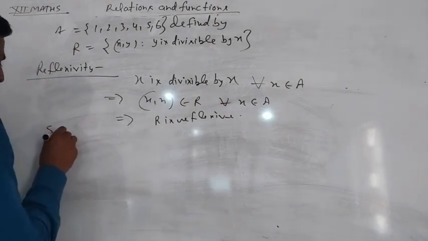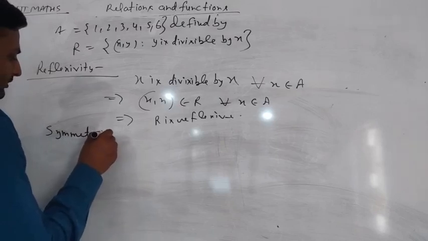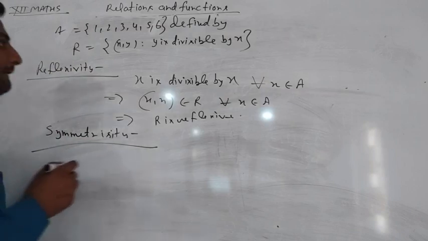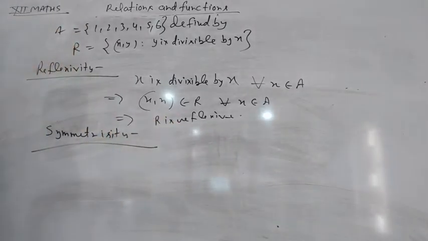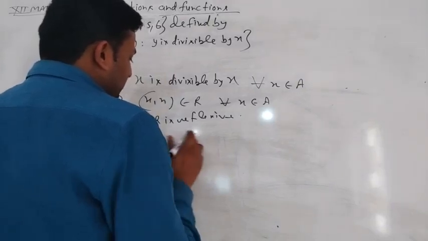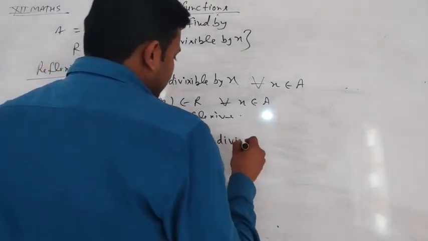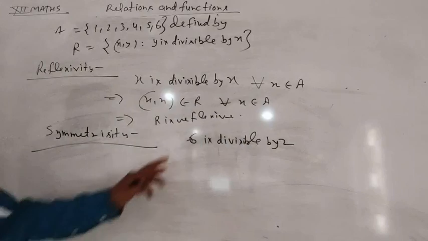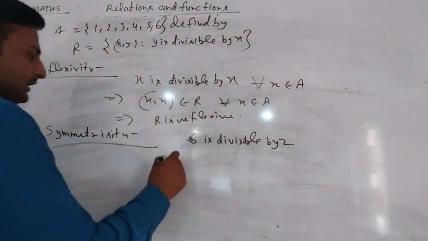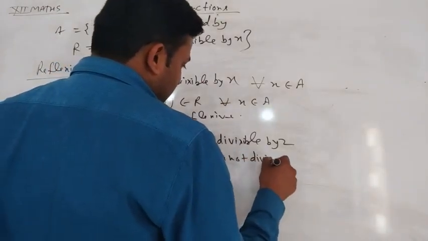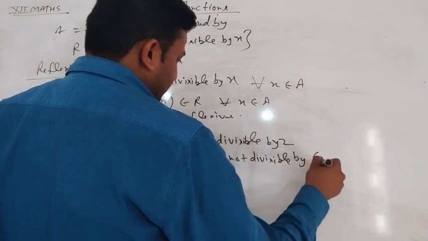Now symmetricity. What is symmetricity, students? Suppose we take an example: 6 is divisible by 2, but 2 is not divisible by 6.